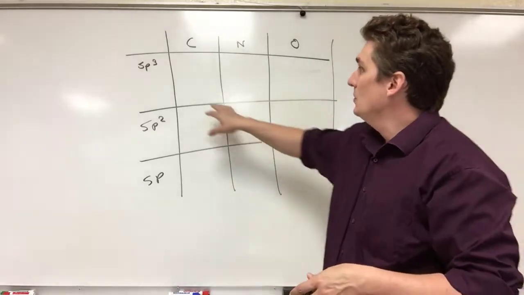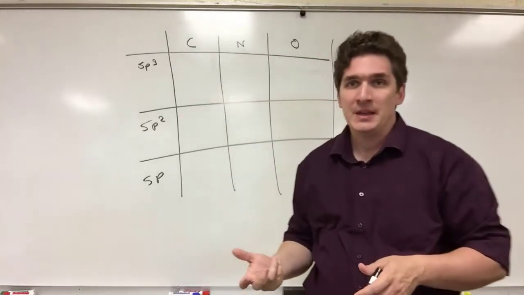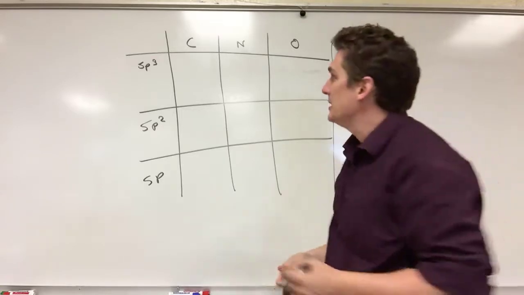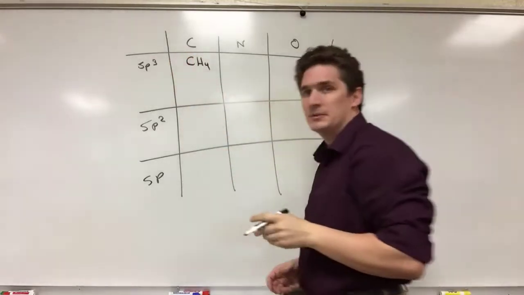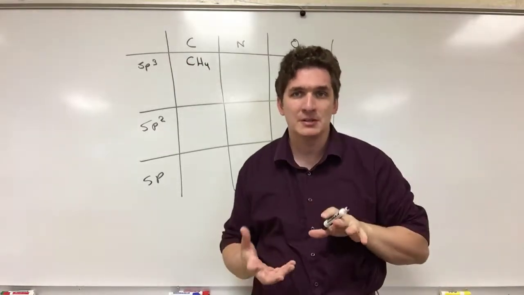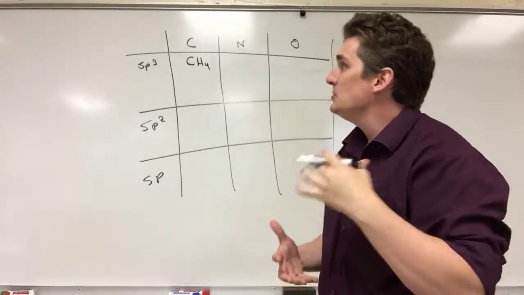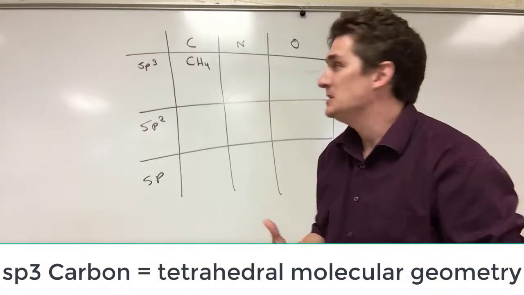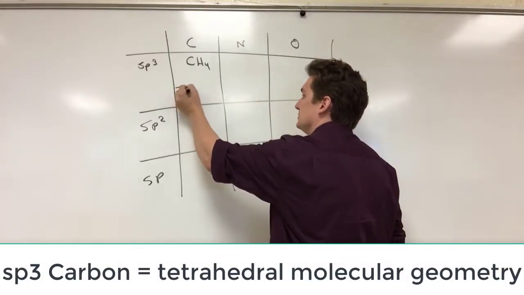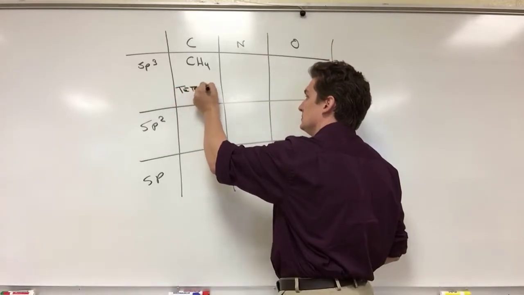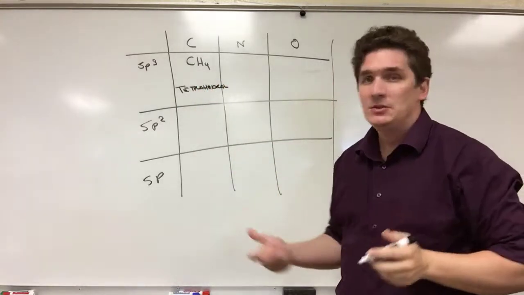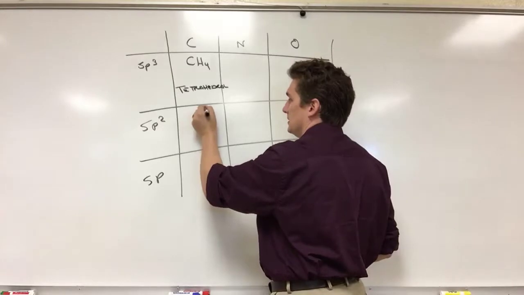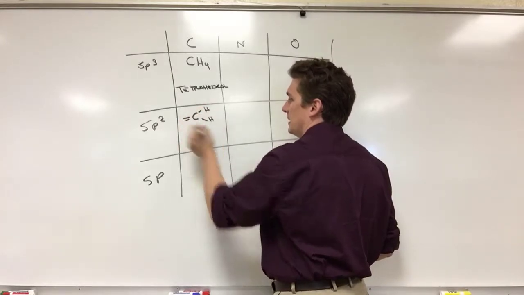So, carbon, sp3. How do we make carbon sp3 hybridized? Well, an example of this is something like methane, CH4. Carbon has 4 bonds around it, 1 to each hydrogen. We're going to use sp3 hybridized carbons to be synonymous with tetrahedral. sp2 is something like half of ethylene.